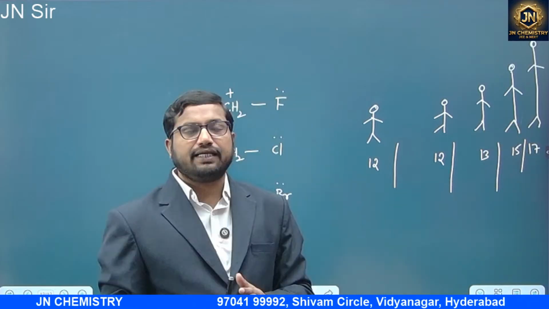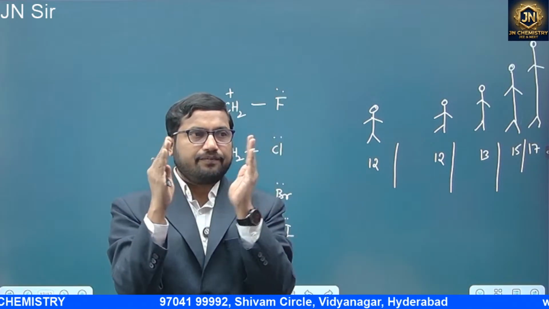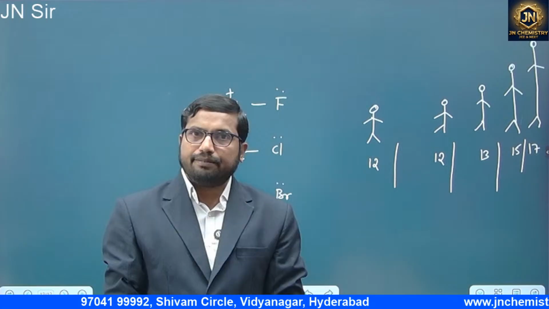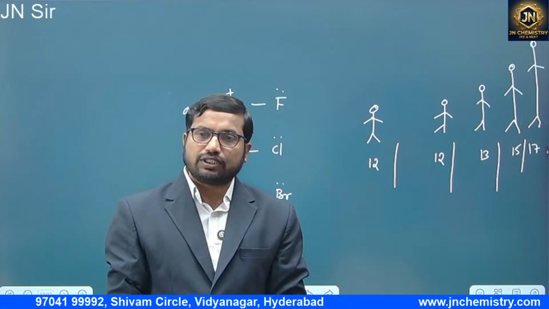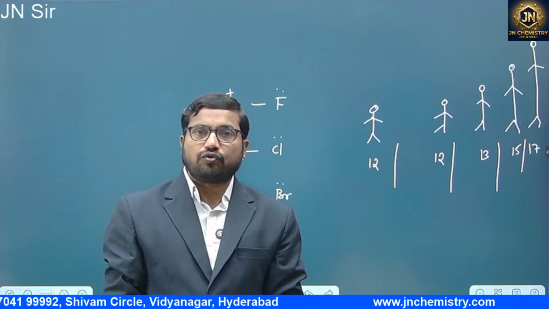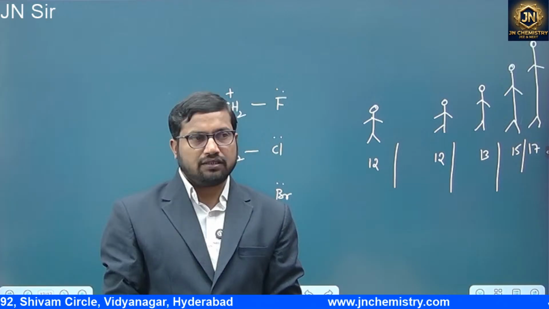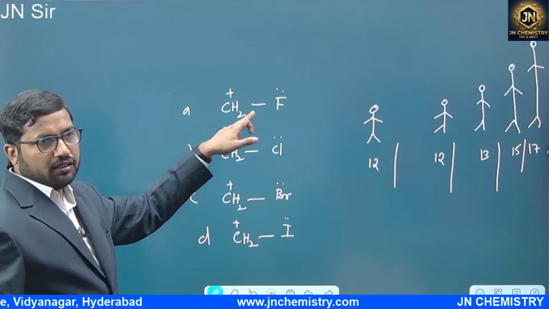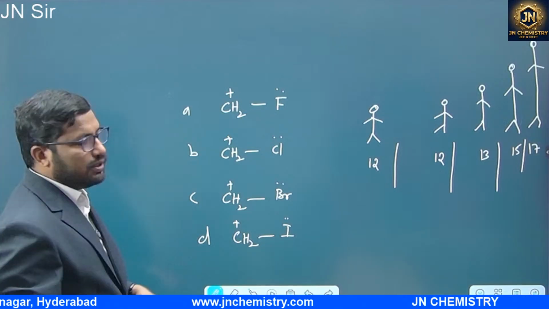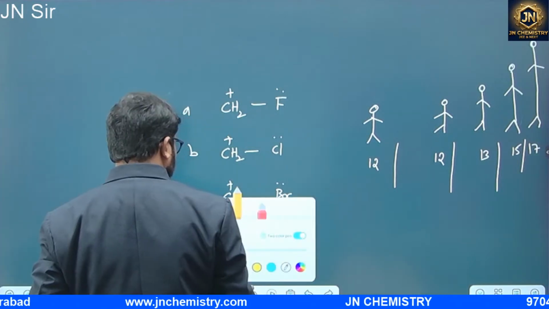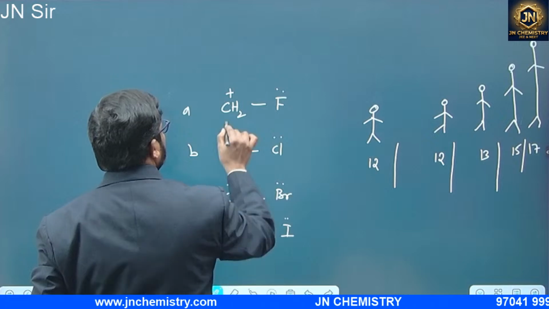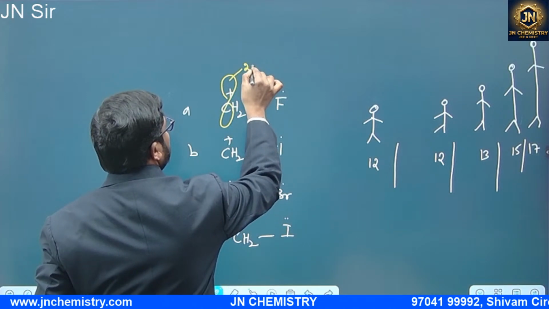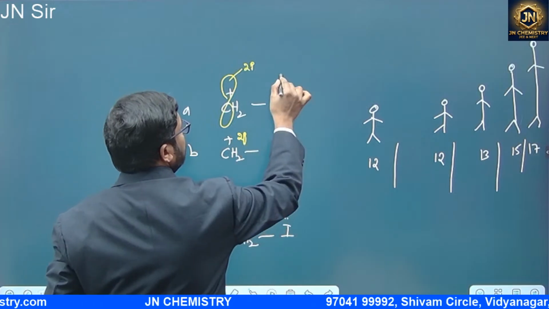So generally when the bonds are overlapping, the overlapping should be of the same energy and same size. Then more overlapping takes place. Particularly in this case, carbon and fluorine are 2p and 2p. The vacant p orbital in carbon is 2p. Here is also 2p.